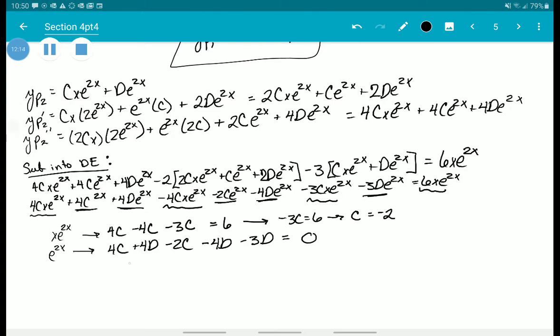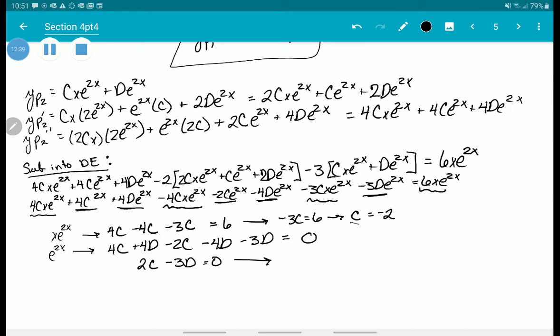So just combining some like terms here, 4c minus 2c is 2c, 4d minus 3d is a minus 3d. Once again, we could have combined everything above. So we have 2c minus 3d is equal to 0.